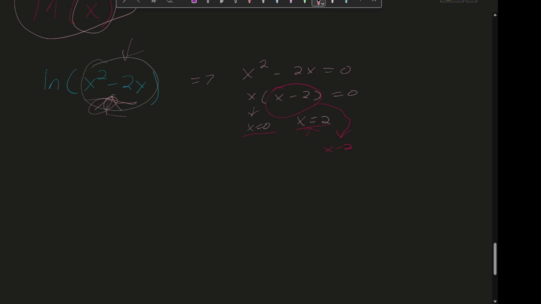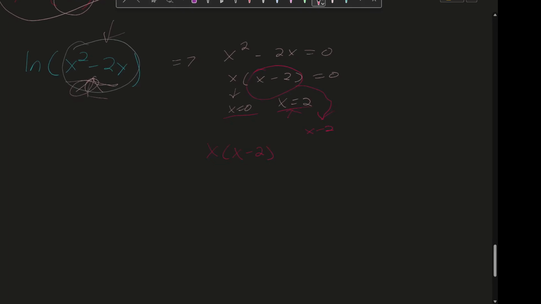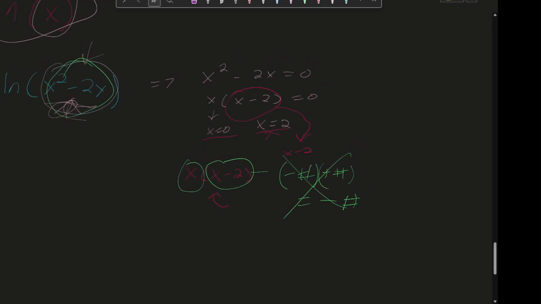But then if you have this overall x times x minus 2, if you have an x value less than 2, like between 0 and 2, then you're going to get a negative number out of this times a small positive number, something less than 2. And then that will give you a negative number inside the argument of your ln function, which is also not okay. It's not defined in the domain of logarithmic functions.